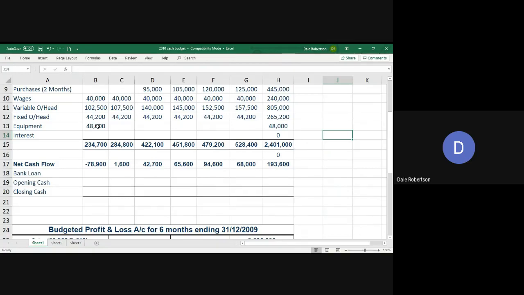It says, to finance this purchase, a loan of 44,000 will be secured at 9% per annum. Interest is to be paid monthly, but the capital repayments will not commence until January 2012. So therefore, we don't have to worry in this budget about the capital repayments and paying back the loan, but we do have to pay the interest.